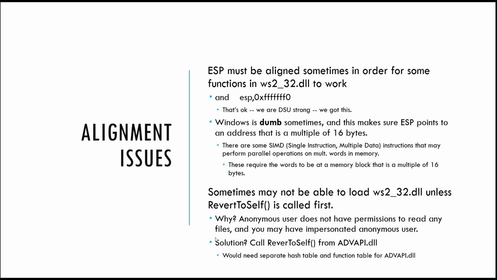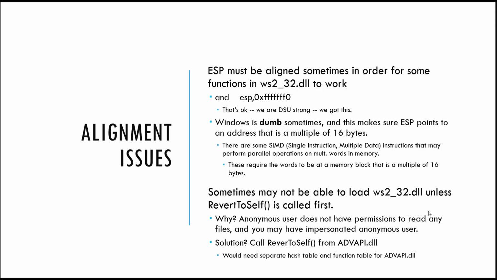But if you can get it loaded without it, then great, no need to do it. I think one of the examples I showed you guys yesterday was done successfully without this. But shellcode in a Windows environment can sometimes be very tricky.